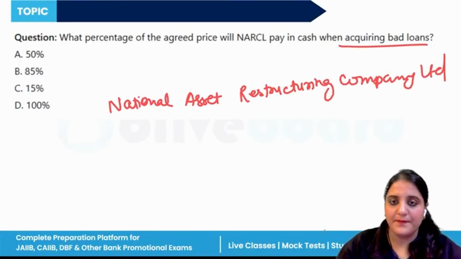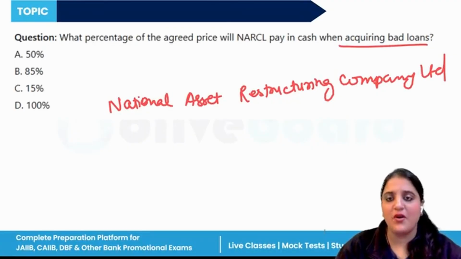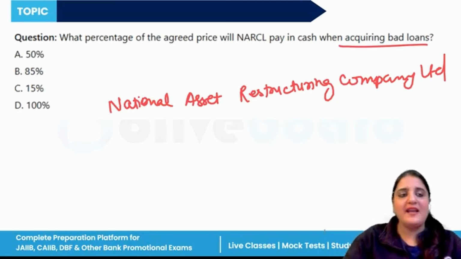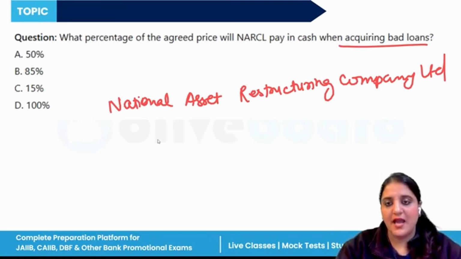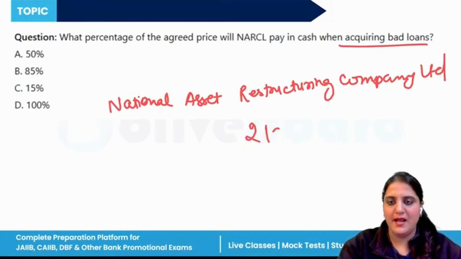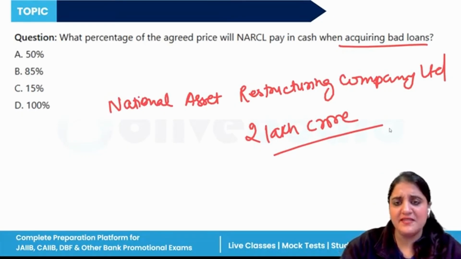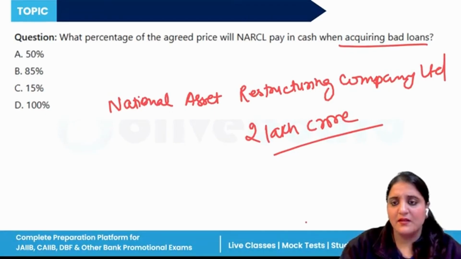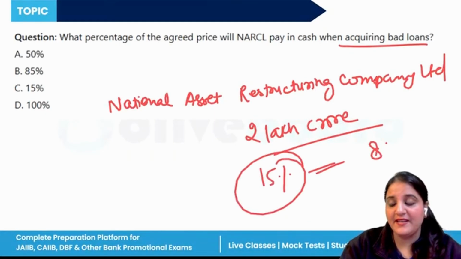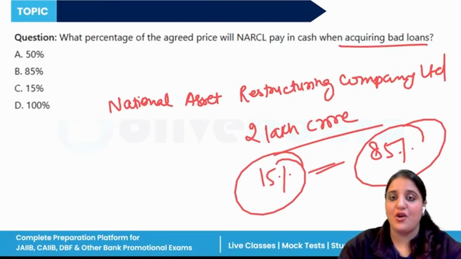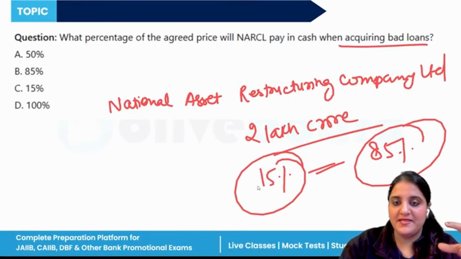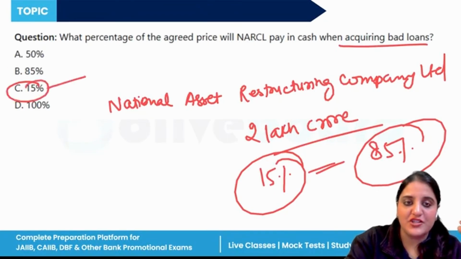That means this is the official bad bank in India. Its purpose is to buy the stressed assets from the commercial banks so commercial banks can clean up their balance sheets, and they have already acquired 2 lakh crore assets in phases. They pay the banks 15% cash immediately, and the leftover 85% they pay in security receipts. So basically they pay 15% in cash.